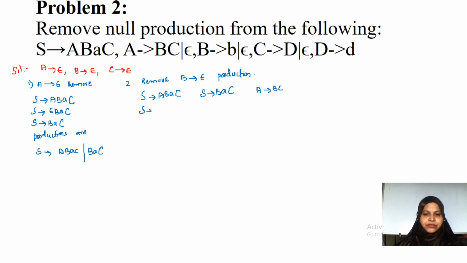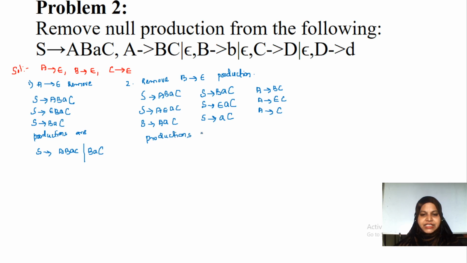S tends to A epsilon AC, so S tends to AAC, right? S tends to epsilon AC, S tends to AC, right? A tends to epsilon C, so A tends to C, right? After removing this one, what are my productions?